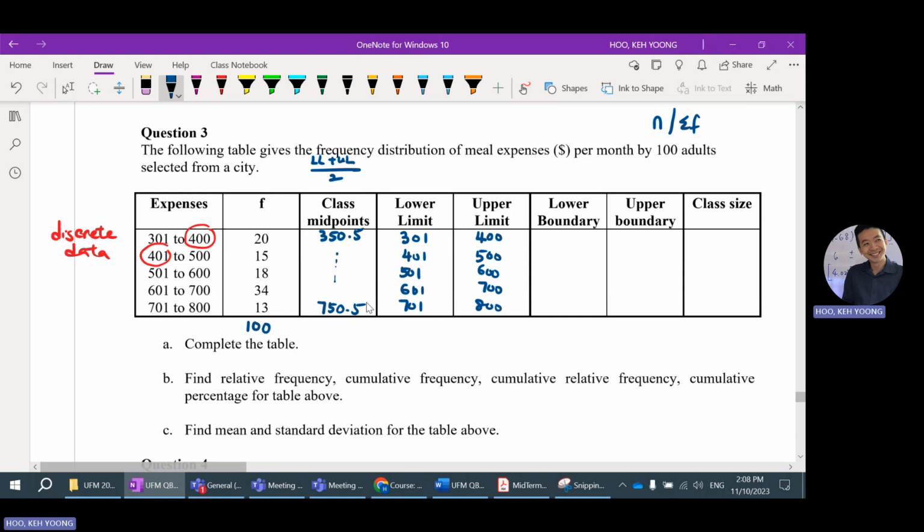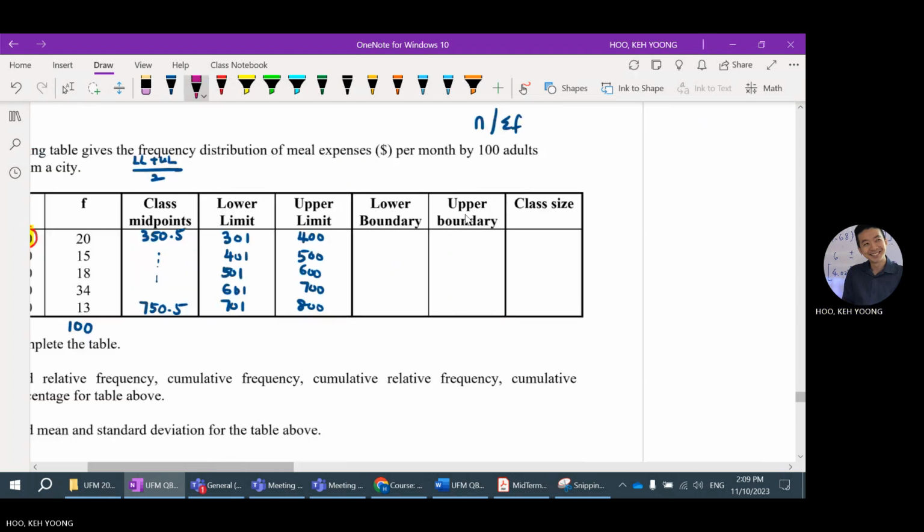Next would be class boundary. Class boundary is actually the average, the midpoint between the class limits. For example, for the upper boundary of my first class, I will take 400 plus 401 divided by 2, so I have 400.5.